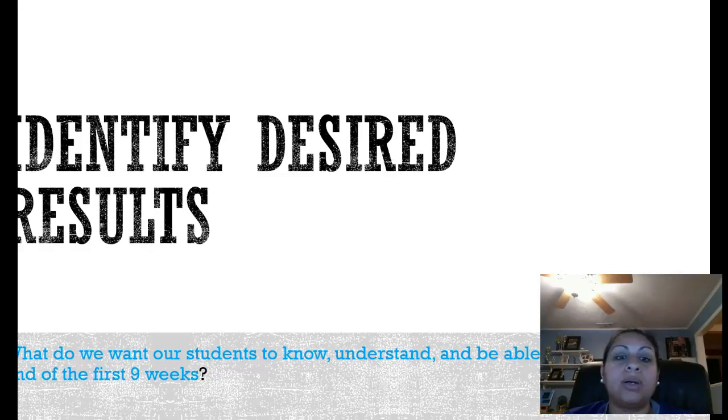In other words, what do we want our students to know and understand and be able to do, either at the end of the first 9 weeks, the second 9 weeks, third 9 weeks, fourth 9 weeks. It could be after the first semester. It could be at the end of the year. But just having that goal in mind with a designated time frame.